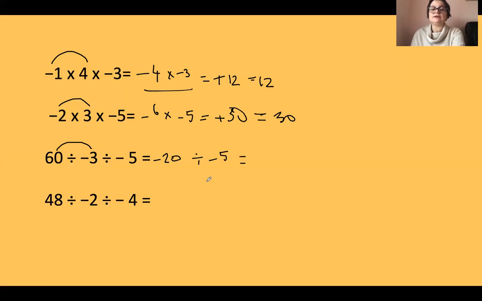Now I'm dividing two negative numbers. The answer is going to be +4 or simply 4, right? Here, the first two, 40 divided by -2, the answer is going to be -20, and then -20 divided by -4, dividing two negative numbers, remember, the answer is going to be +5, just like that.